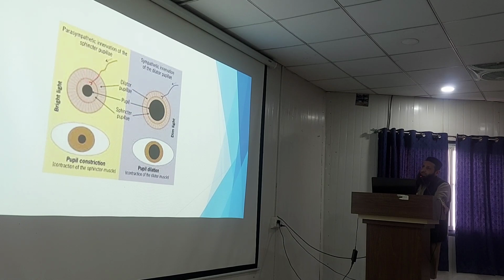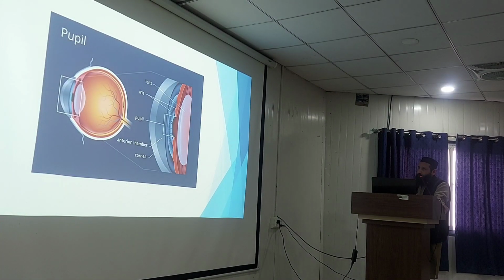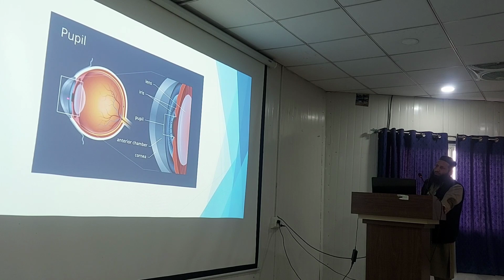This is governed by the parasympathetic and this is the sympathetic one. Which one is the pupillary area? This one, which we discussed. This aqueous humor produced here comes through the pupil and goes to this angle, this corneoscleral angle, and drains through the trabecular meshwork.